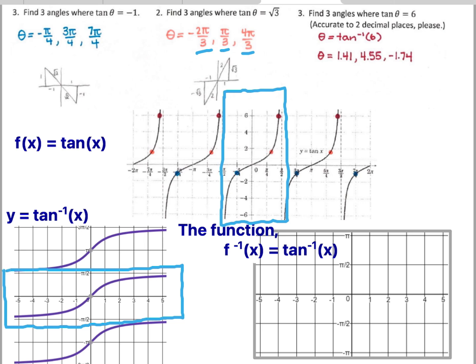So on your sheet, we'll have a point at 0, 0. We'll have a point at 1, pi over 4 and negative 1, negative pi over 4. We still have asymptotes, but now that we've switched the x and the y, they're horizontal asymptotes at the pi over 2's.